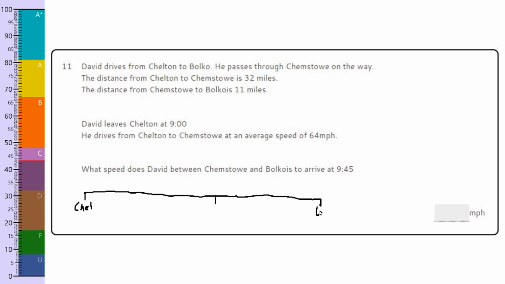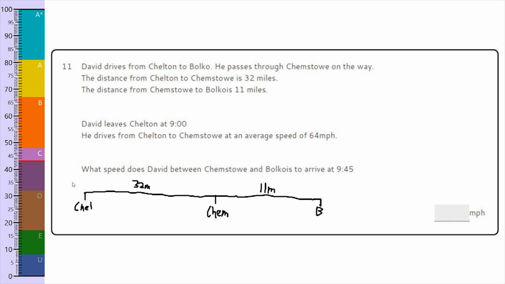So Bolco is his destination. I can call that a B, and then he stops at Chemstow on the way. So the distance between these two is 32 miles. I'll leave it as M because that could be meters, but I know there's no meters in this question, so I'm just going to know that's miles. And distance between these two is 11 miles.